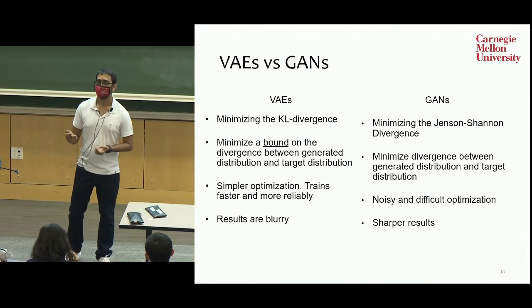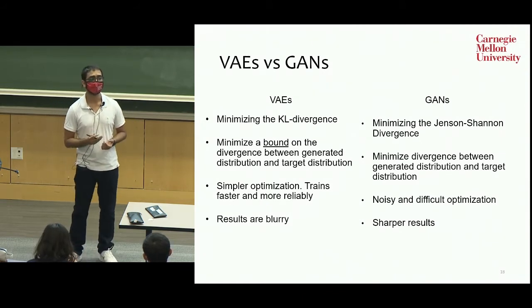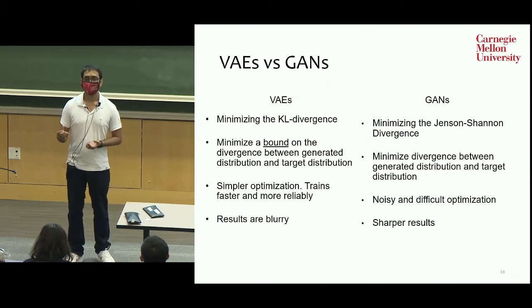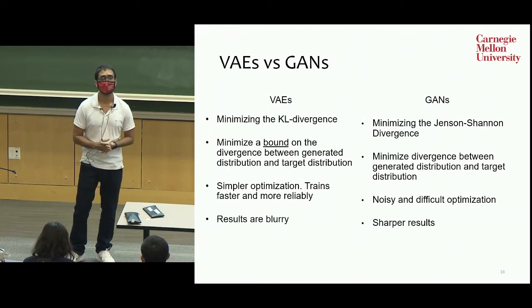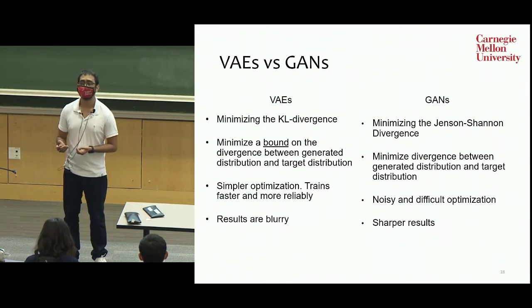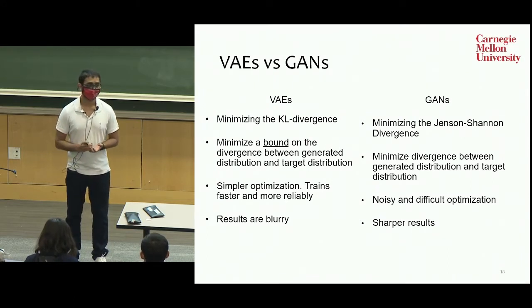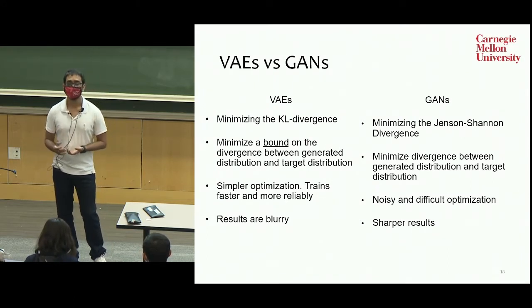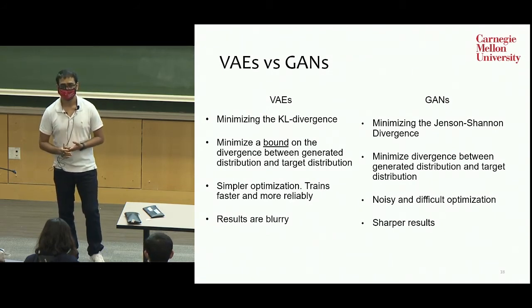But because you are trying to learn this actual distribution, the optimization gets really difficult, and that's why training a GAN can be difficult. You might not actually reach the global optimum.